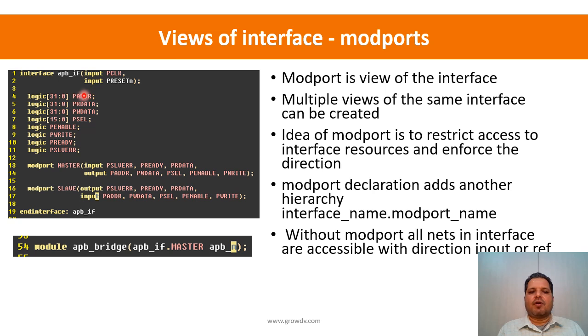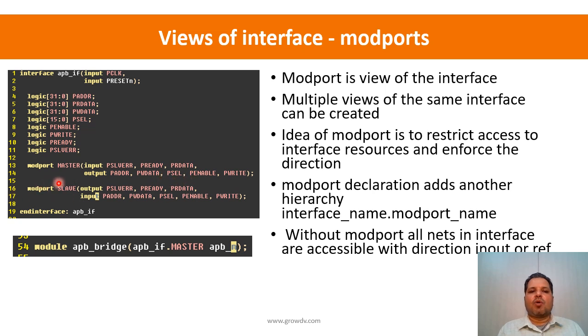For the same APB example, when we create a Modport which is expected to be used by the bridge, we can call it master, and here you can see the inputs are slave error, ready and PR data, whereas the outputs are P address, PW data and P select.